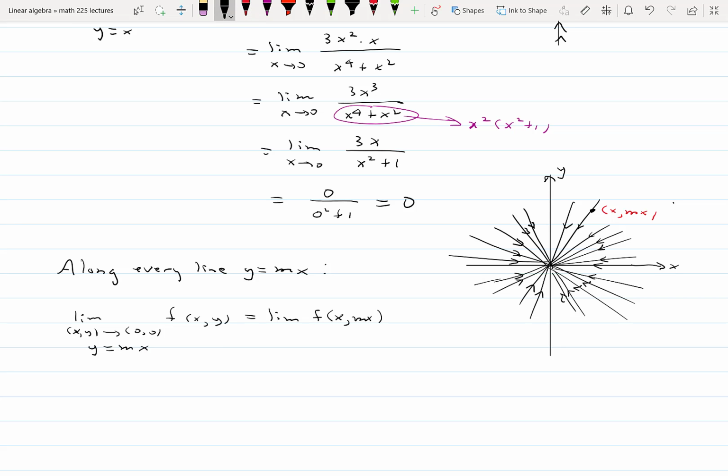And I want to let that point approach the origin. So that means x should approach 0. So this is the limit as x approaches 0 of 3x squared y, y equals mx, over x to the fourth plus y squared. Y equals mx, so mx quantity squared.